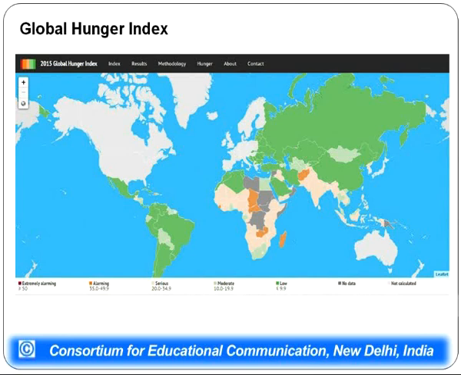So, due to this uncertainty, our food system is threatened, and that is why it is very important to examine the global hunger index. Now you can see that we have an extremely alarming situation in some parts of Africa, and an alarming situation also in some parts of Afghanistan and Pakistan.